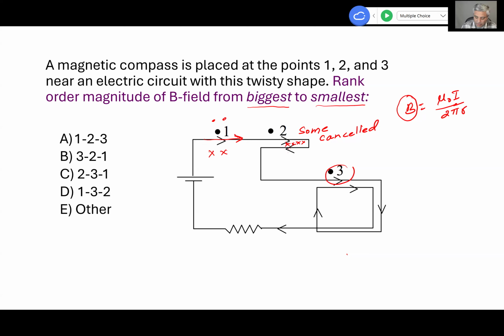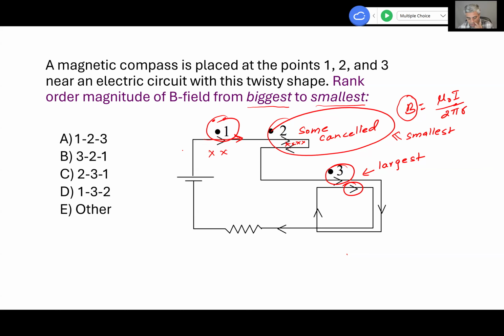Now over here, using the same idea, since the current is going in the same direction, they're going to be circulating in the same direction, so the field is going to add up. That means it's going to be the largest. And since there is cancellation happening here, that's going to be the smallest. So one is going to be in between, it looks like.